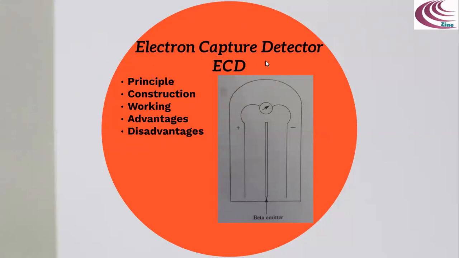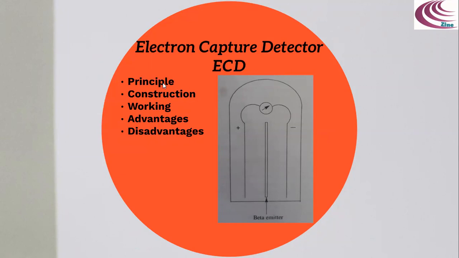Then in electron capture detector, that is ECD, as a part of principle, a beam of electrons is generated from an element which acts as an electron emitter. These electrons generate a standing current in the circuit which remains constant in absence of an organic compound.